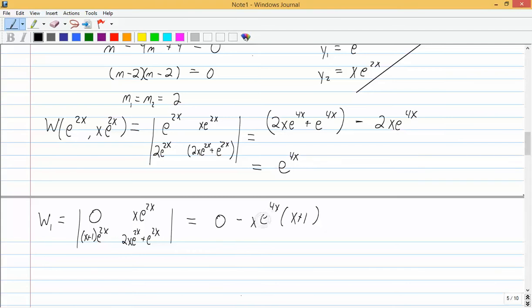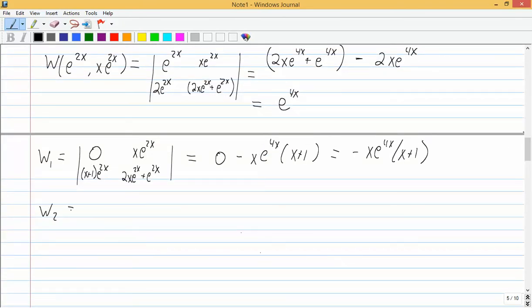It's still multiplied in. Or you can multiply the e to the 2x into both terms and then multiply each one of those times this. I don't care. This means the same thing though. Okay, so you could just leave that as negative x e to the 4x times x plus 1. It's kind of like leaving it in a little factored form there, but it means the same thing.